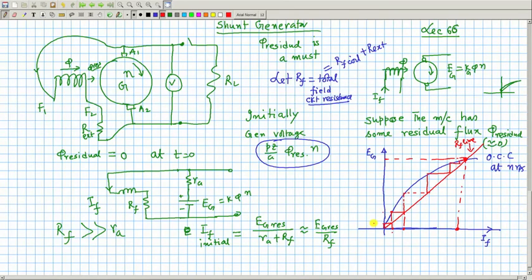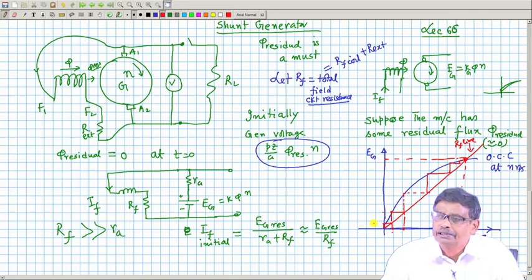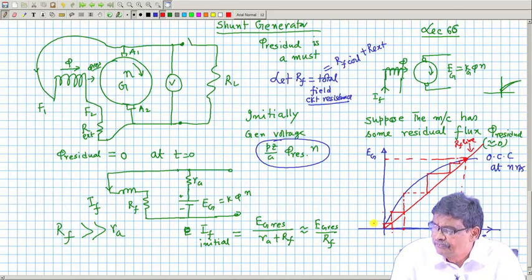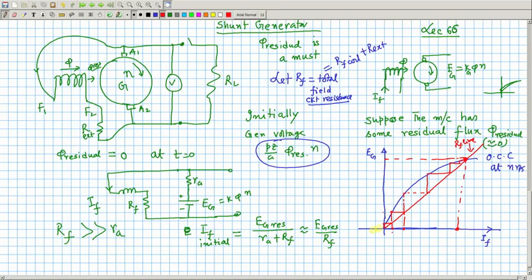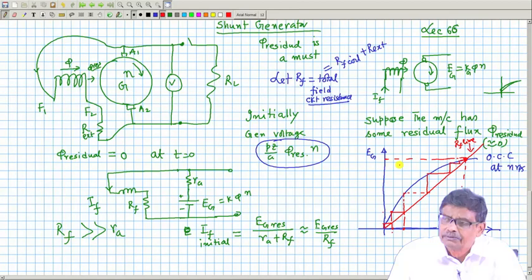It will instead nullify that phi residual back to 0 and everything remains quiet, no voltage can be induced. But if properly connected and the resistance value of the field winding is like this, then voltage will build up and this voltage is substantial, and this voltage may be 220 volt or whatever you want.